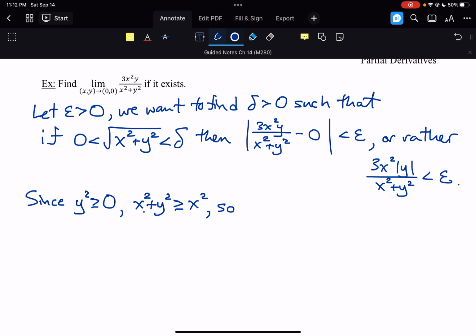So if we divide both sides by x squared plus y squared, we get 1 is greater than or equal to x squared over x squared plus y squared. I want to put the variables first, so I'll reorder this: x squared over x squared plus y squared is less than or equal to 1. Same inequality, I just flipped it around.